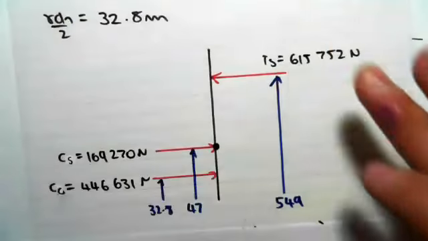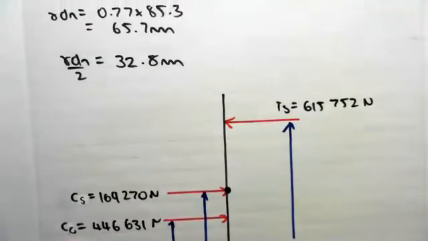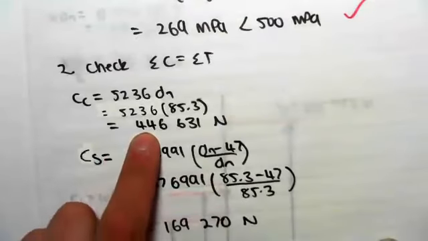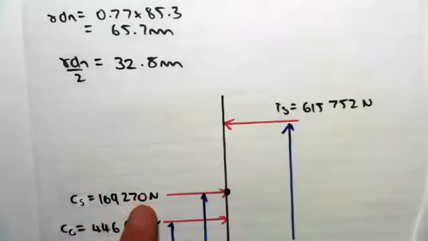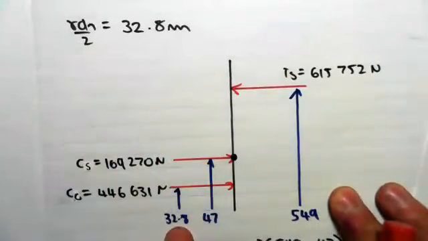We can then draw a nice little picture here, summarizing everything. So I've put on the left-hand side here the compression in the concrete, which we found previously, 446,631, acting at gamma dn on 2, so 32.8.